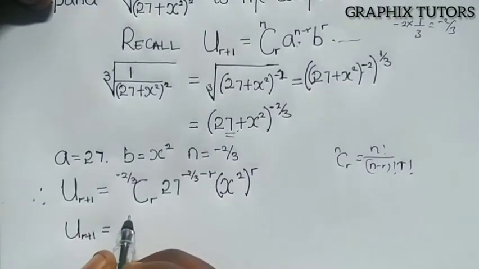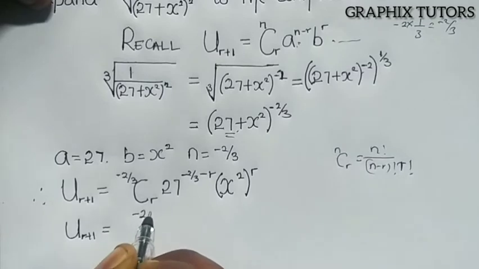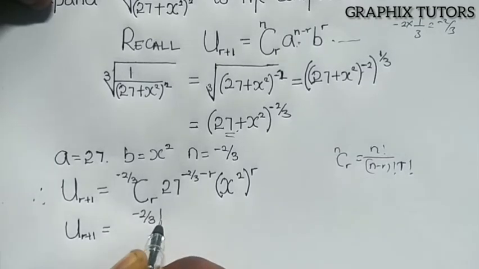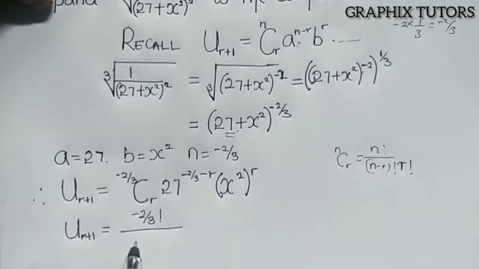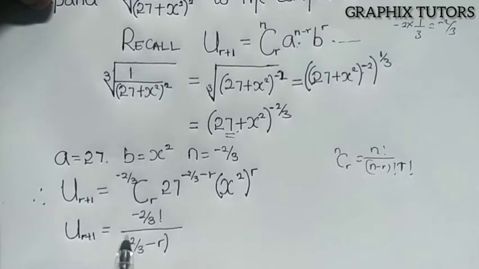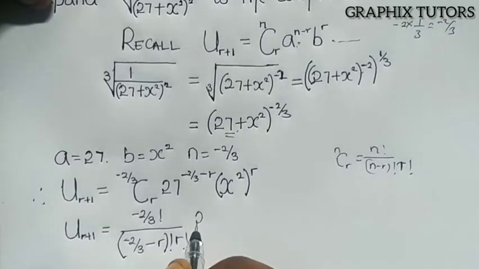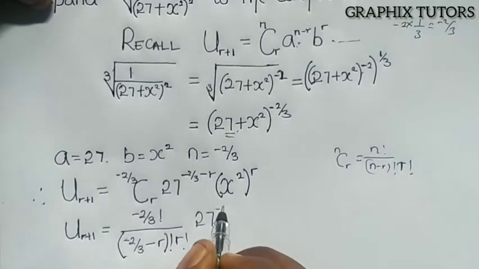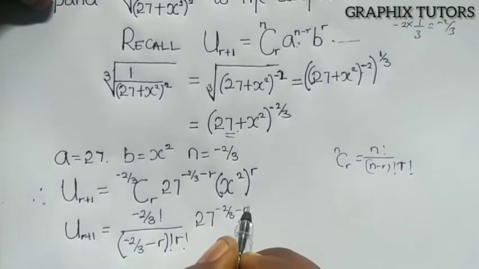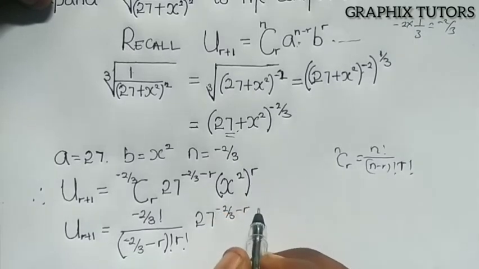We have the top factorial, which is minus 2 over 3 factorial, all over the bottom, which is minus 2 over 3 minus r, all factorial. Then we have r factorial. And here we have 27 to the power of minus 2 over 3 minus r. Then 2 times r will give you 2r, so we're having x^(2r).